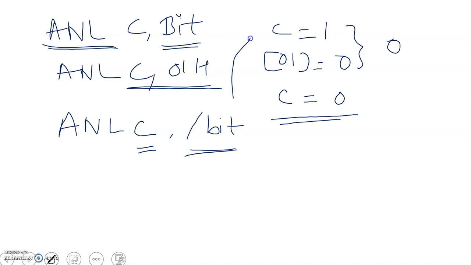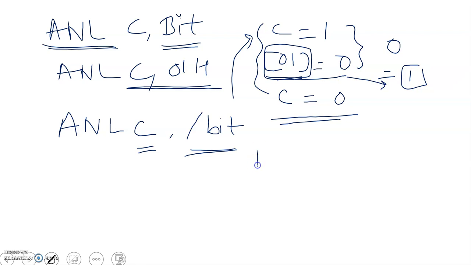If I apply it to this example, the bit was 0, so first this bit will become 1, because NOT of 0 is 1. Then 1 is ANDed with C, which had a value 1, and the final result stored in C will be equal to 1. Again, it's a very simple instruction.